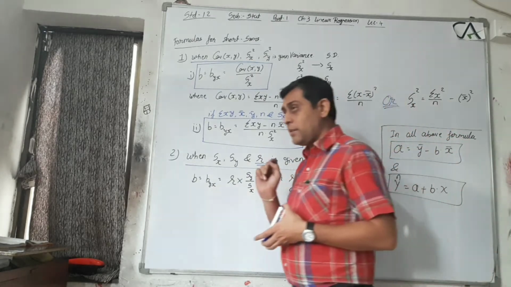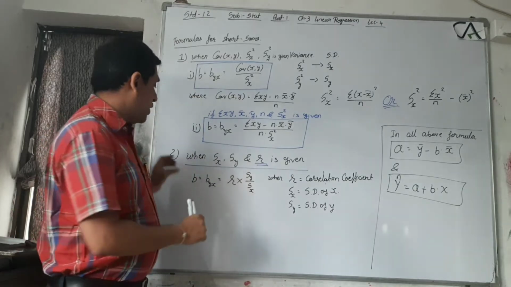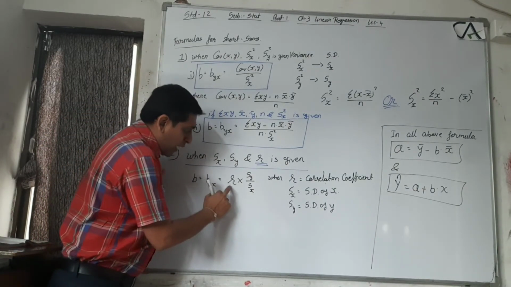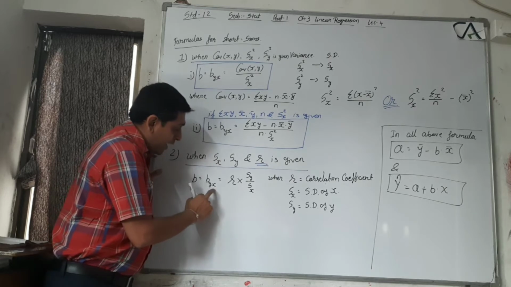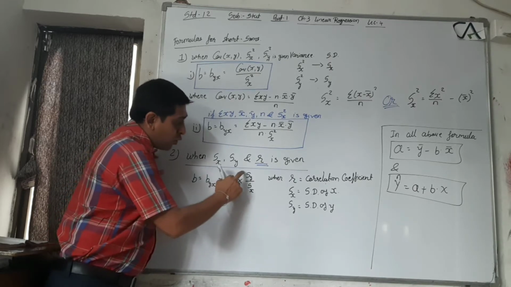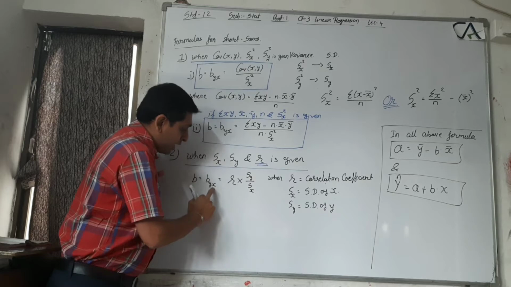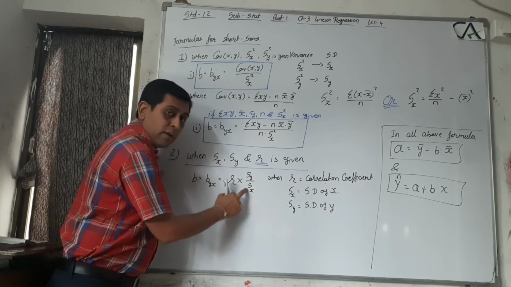See, for remembering this formula, what is the main thing? byx is equal to r into, what is here? byx. So first is y, so in the numerator sy, second is x, so in the denominator sx.